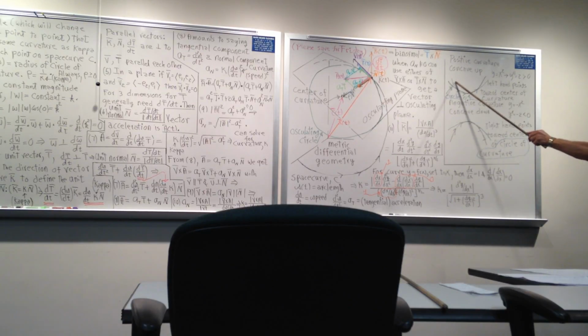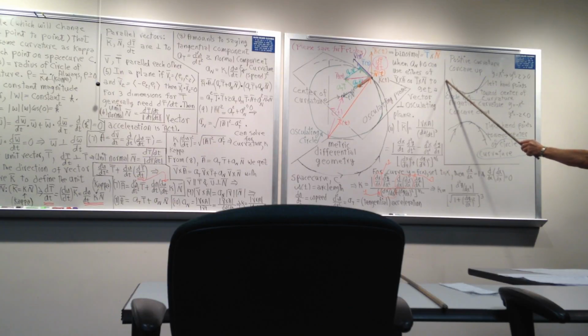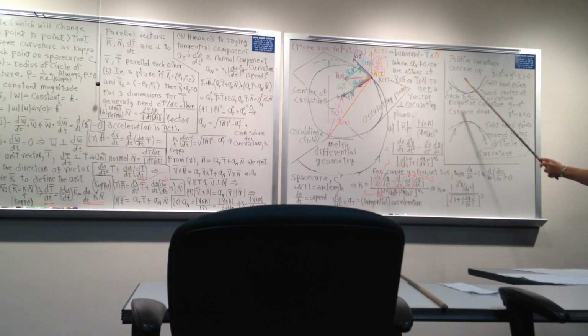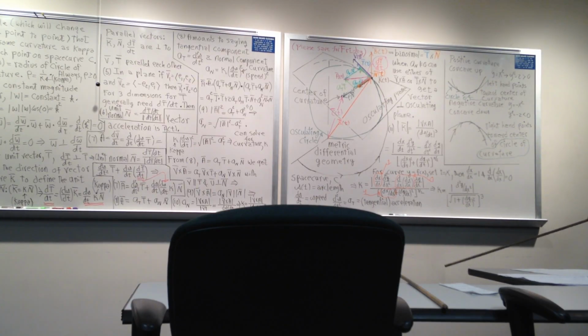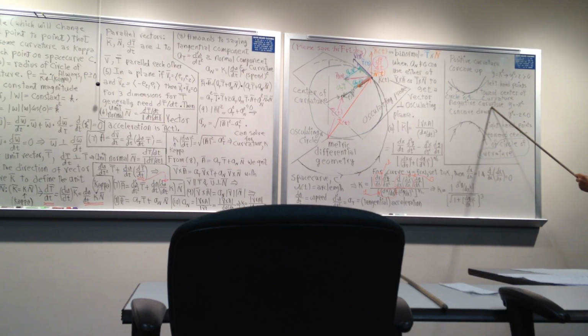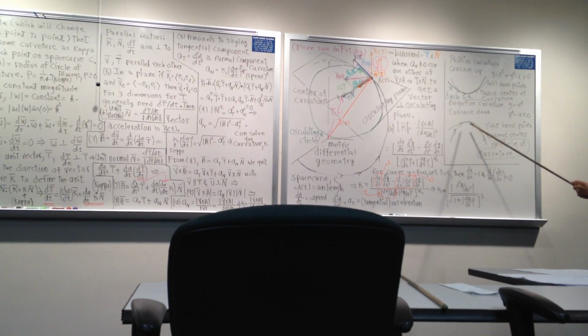That's the same as saying, if you were thinking of walking from left to right, like the arrows, then if you have positive curvature, your left hand is pointing in toward the center of the circle of curvature. If you have concave down, which would be negative second derivative, then it's your right hand that would point in toward the center of the circle of curvature.